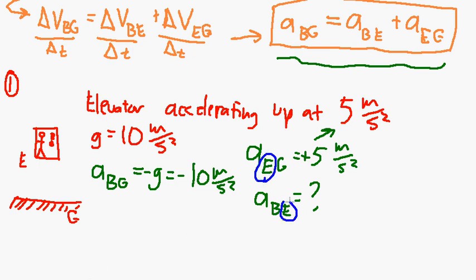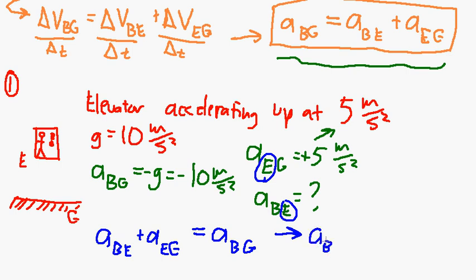So we can take ABE plus AEG equals, and then we smash these together and let the E's annihilate each other. The E's are sort of canceling out. Okay, it's ABG. So take this over. Acceleration of the ball with respect to elevator is what we're trying to find, right?